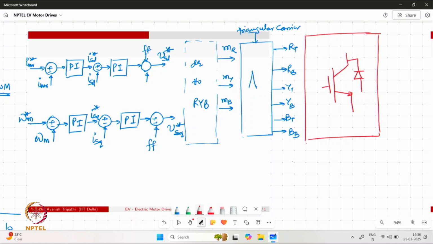The inverter has DC supply available with it.